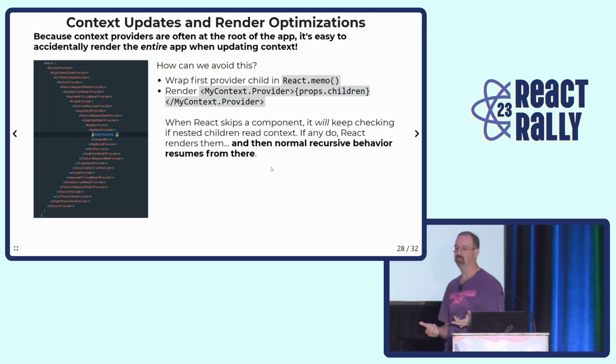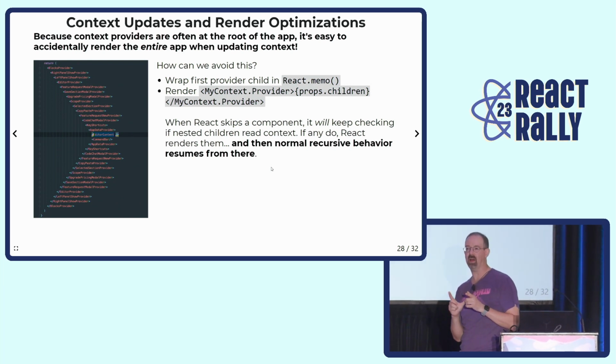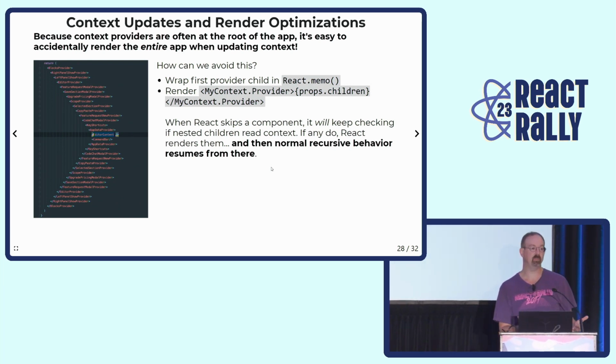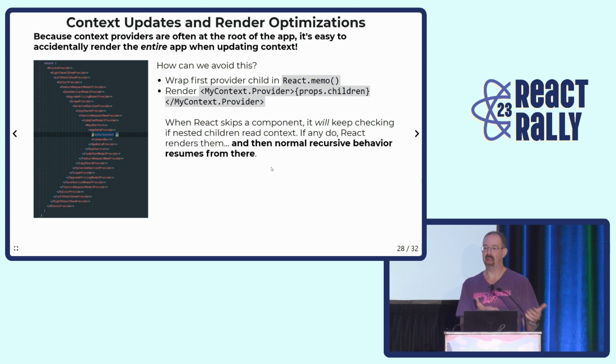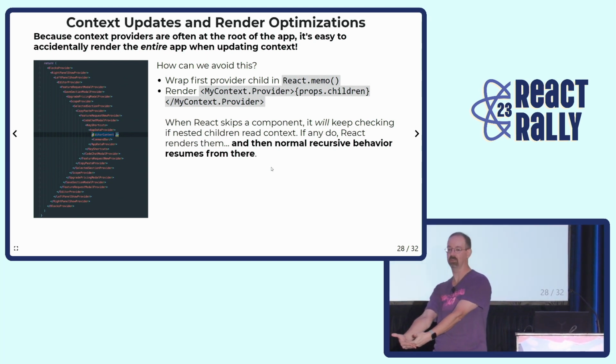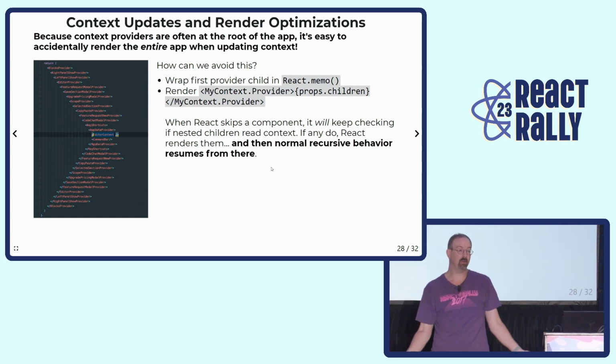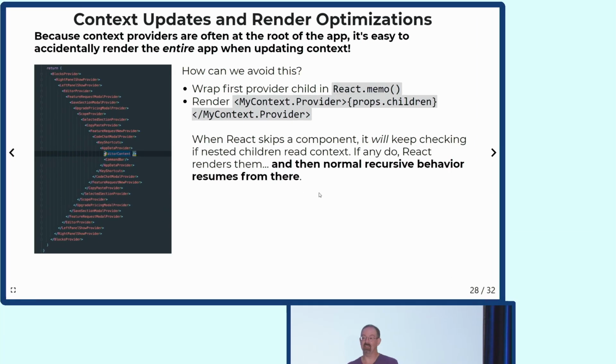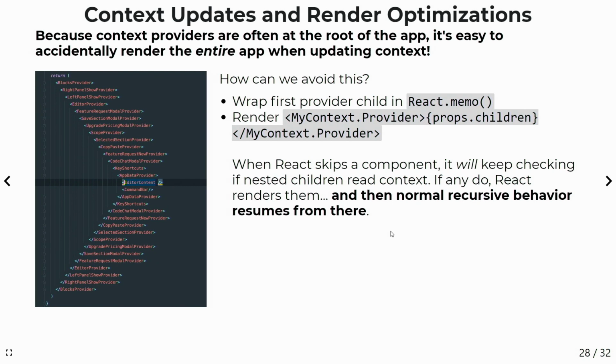The other approach is to have the parent of the context provider accept props.children and then put props.children inside of its context provider that it returns. When the parent sets state, it still has the same props.children element reference, and that's when that same reference optimization kicks in, and again, React says, oh, this hasn't changed, skip everything inside of here.